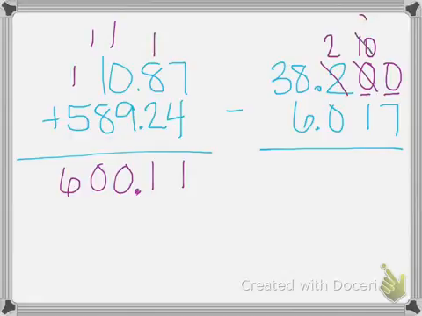Now we can borrow from that 10, so it becomes a 9, and this becomes a 10. 10 minus 7 is 3. 9 minus 1 is 8. 2 minus 0 is 2. 8 minus 6 is 2. 3 minus 0 is 3. And then we line up our decimal point. 32 and 283/1000.